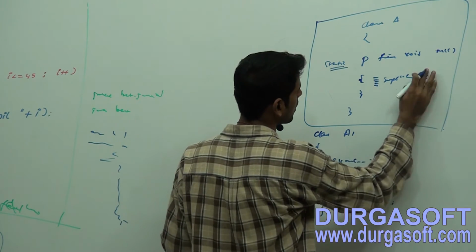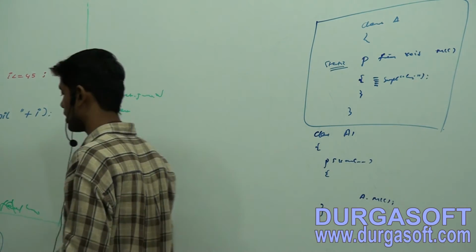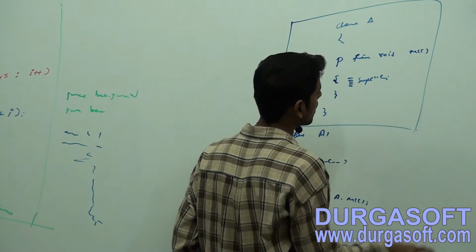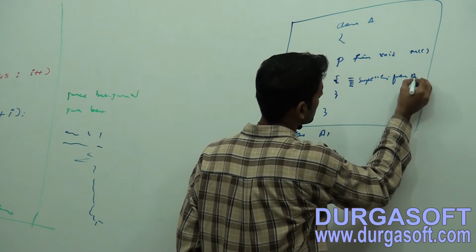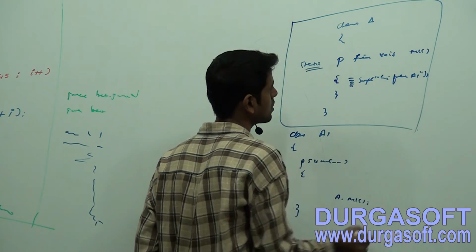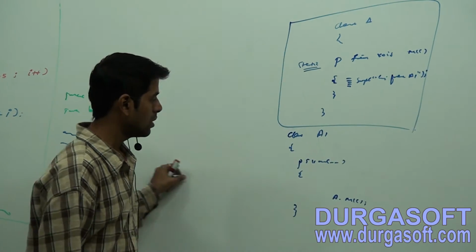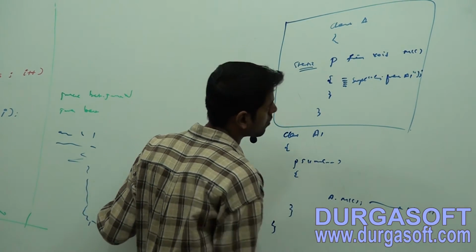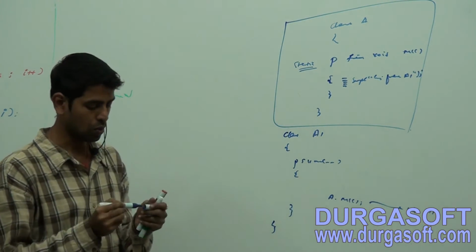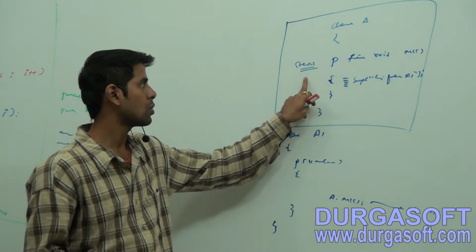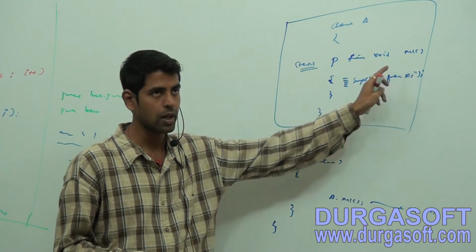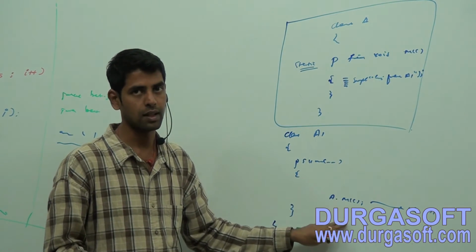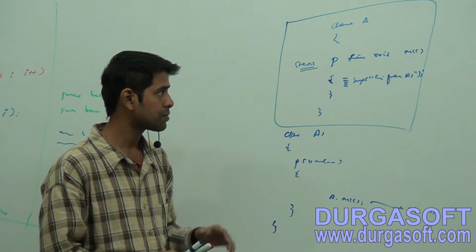Hi from A1. Yes, hi from A1 will be the output. Using the class name to call a method.